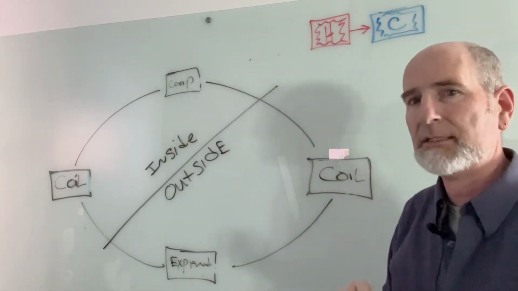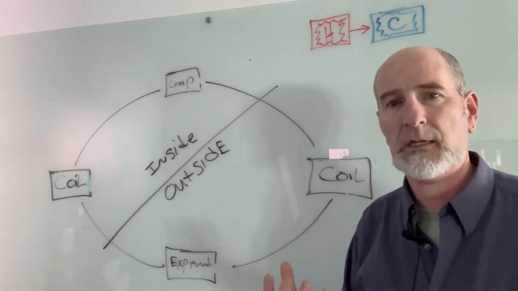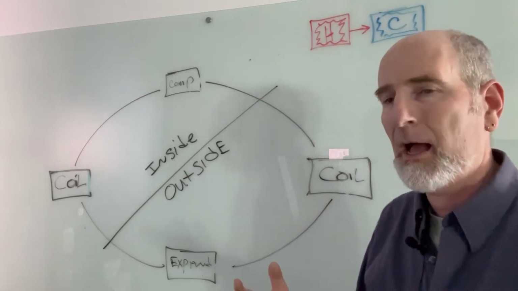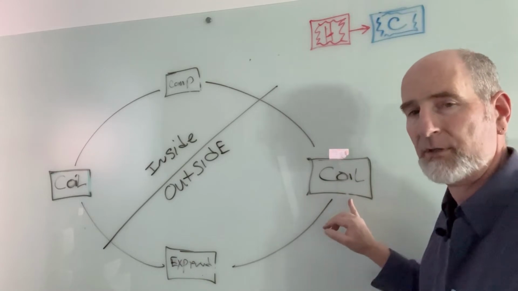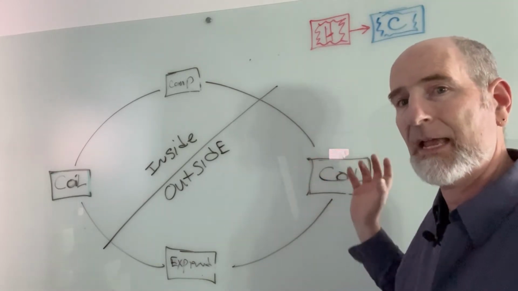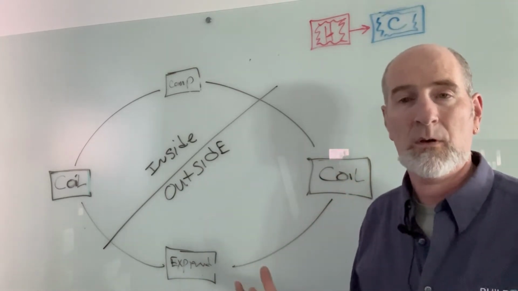Now, the thing that's really difficult for us to understand is that there's a lot of energy in really cold air. So if it's negative 10 outside, I need to make sure that the coil temperature is colder than that outside temperature. So if it's negative 10 outside, I need my coil to be at maybe negative 20 or more.